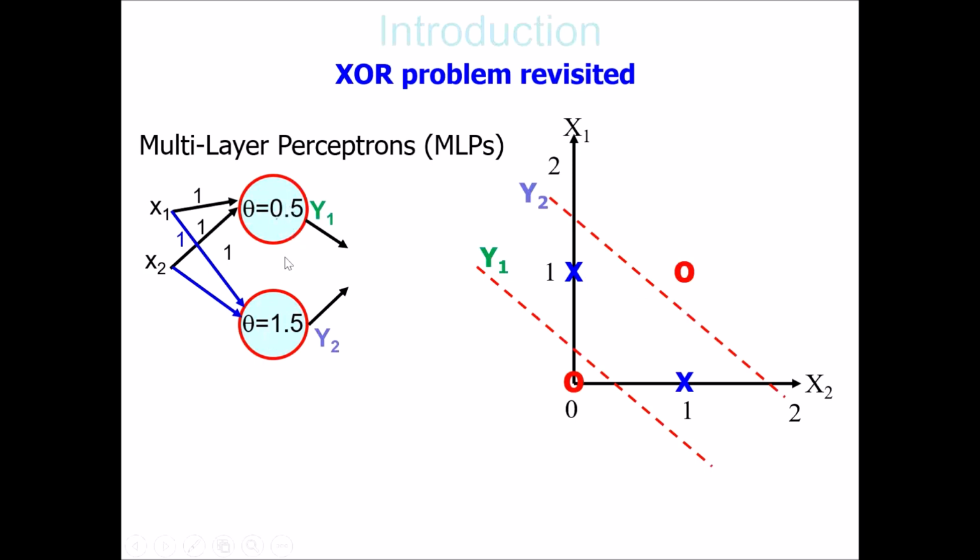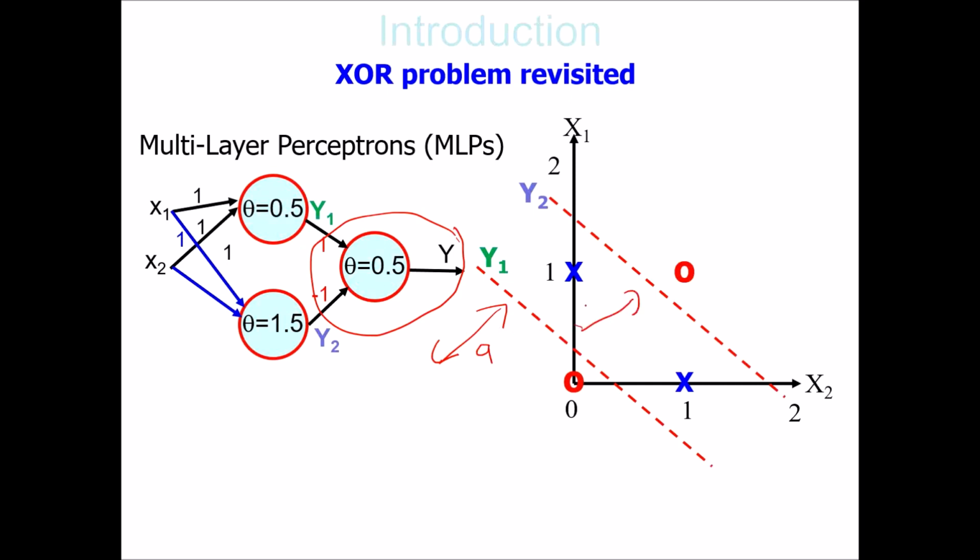So you have two neurons stacked together, and later on we need some decision maker to decide what will happen to these decision boundaries. The final neuron will be responsible for selecting the region. I label this as A, the first region, the second region, or the third region here.